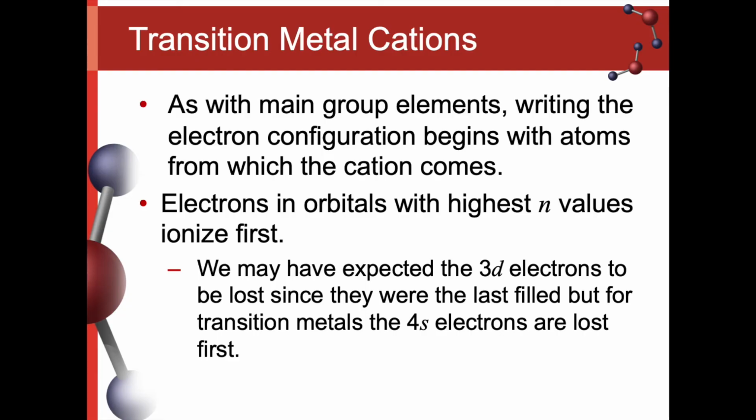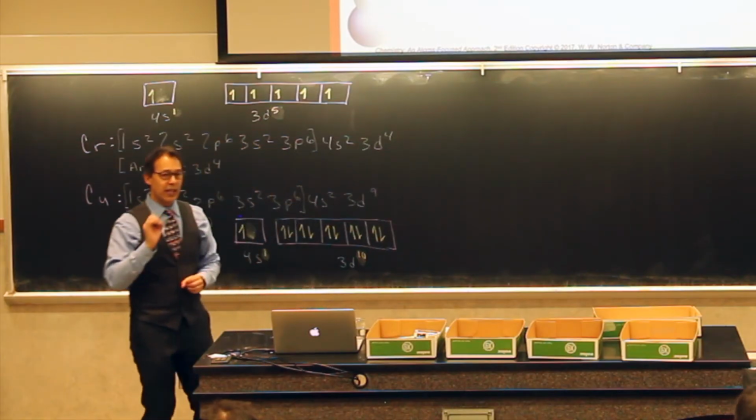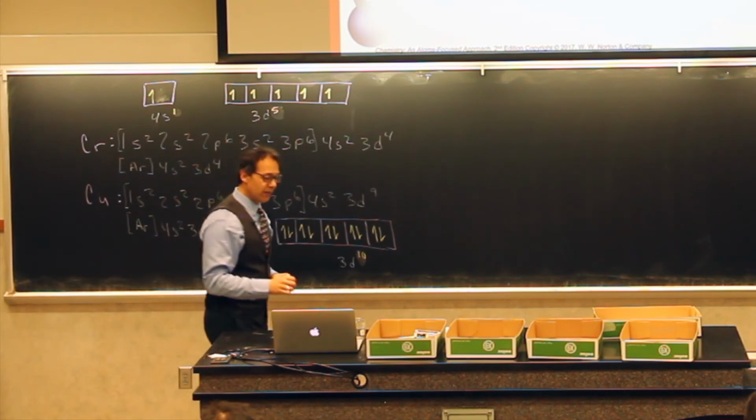Now, when we get to these main group elements and we start taking a look at the transition elements, we're going to see that we remove electrons from the highest energy level.